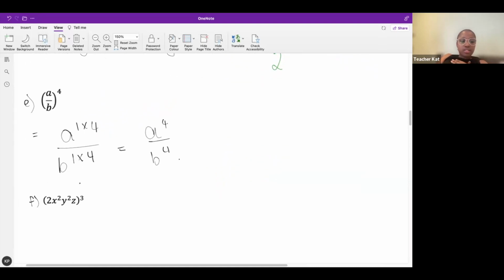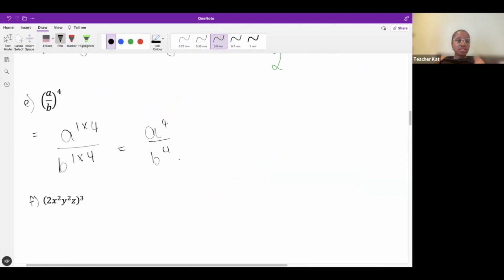Number F. Okay, how many different bases do we have inside the bracket for F? How many different bases do we have in this case? 3. Is 2 not a base? Is the number 2 not a base? It is. So how many bases do we have, guys?